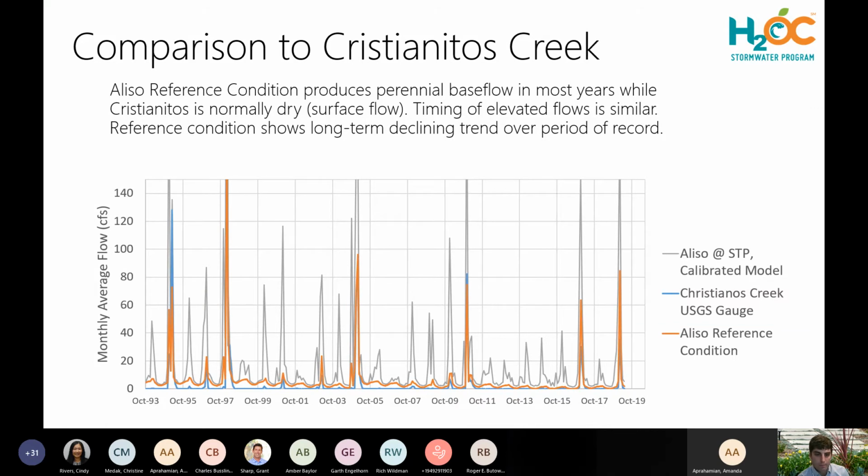So the calibration currently has us tilting more towards a rainfall-derived recharge, and the isotope data suggesting that a significant chunk of water in the stream during the summer originated as rainfall tells us that is potentially a more naturally perennial system, and the data we have for Cristianitos suggests that it's not.